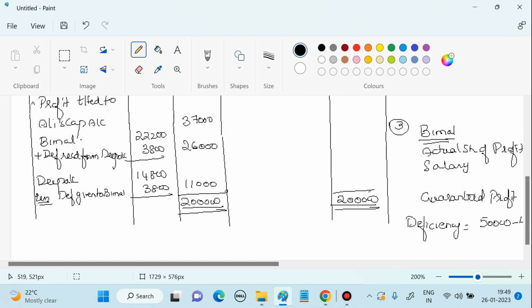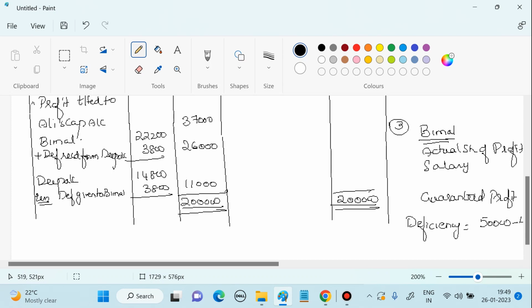So today we learnt about guaranteed profit. And these two examples as previous examination questions, we learned different concepts, different ways in which guaranteed amount was given. In the previous one, we saw the guaranteed amount was given by multiple partners. But here, only one partner gave it.